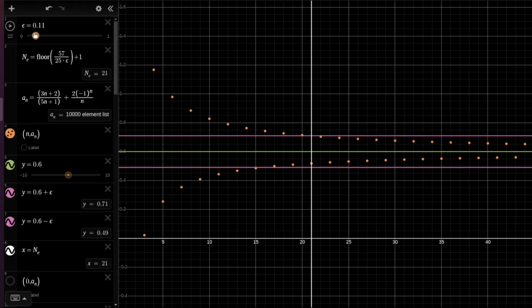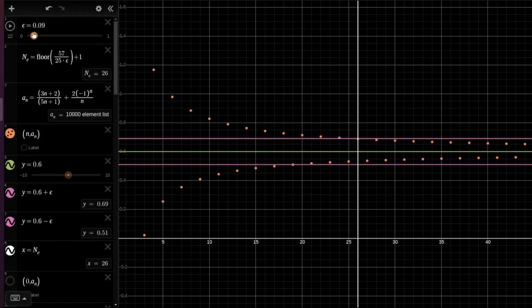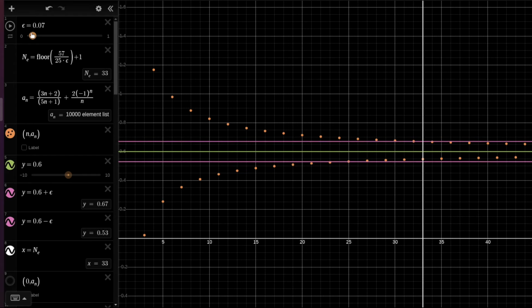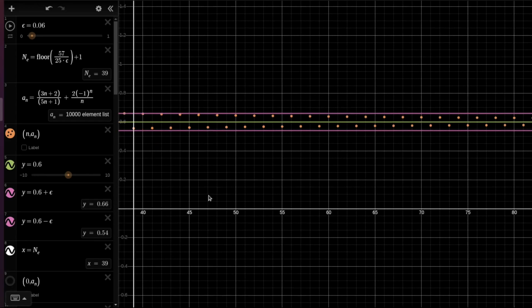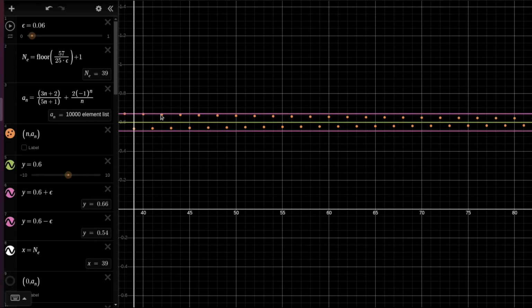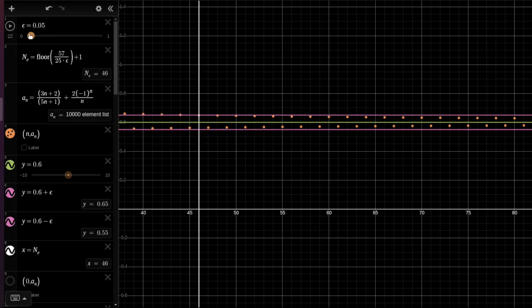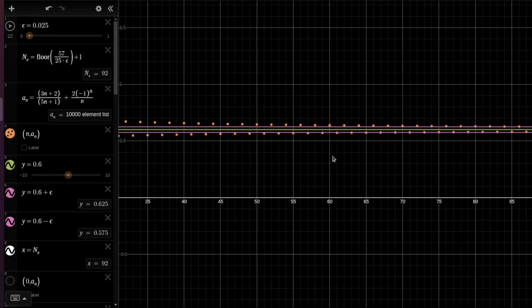So we can make epsilon even smaller, and we see how it affects. The smaller we take an epsilon, the farther we need to go along with the sequence to achieve this threshold, this accuracy threshold, this proximity between the elements of the sequence and the limit. And so we can make epsilon even smaller, right? And then we need to go farther.